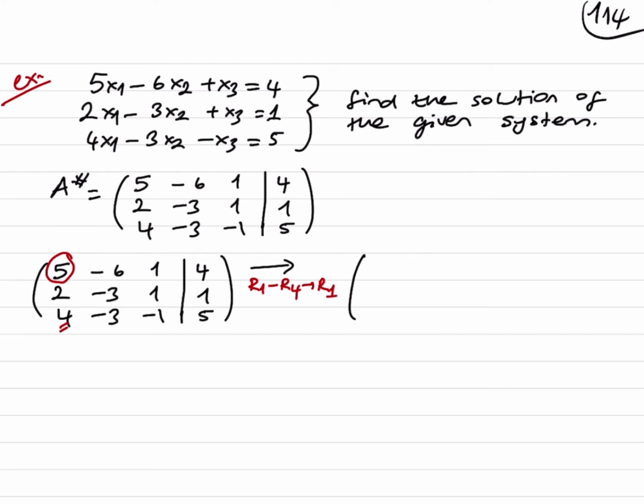So 5 minus 4, we will have 1. -6 plus 6, 3. So we have -3, -1. So here -1, 1, 1, 1, 2. Or let me write for -5. So it is -1, right? Oops, sorry.